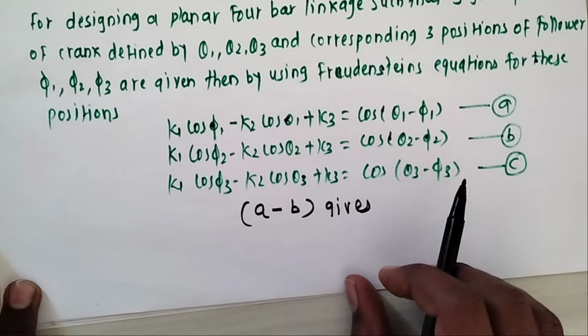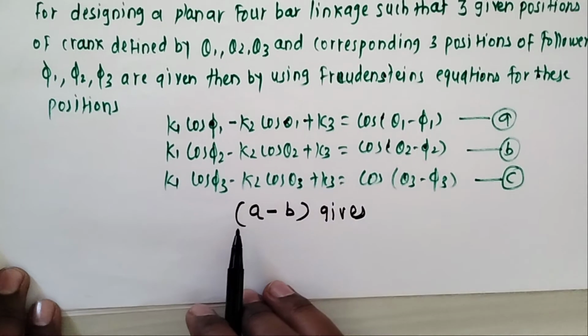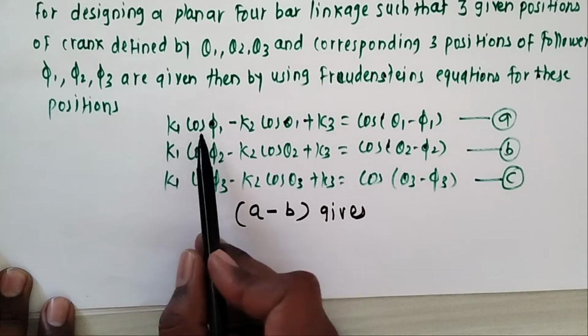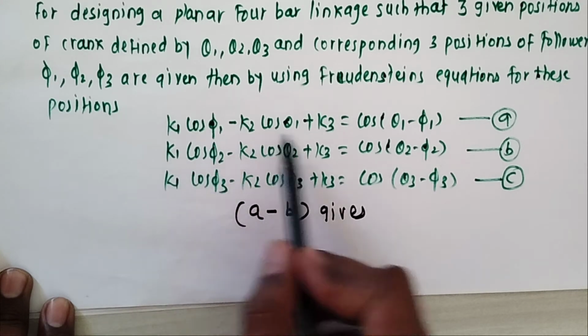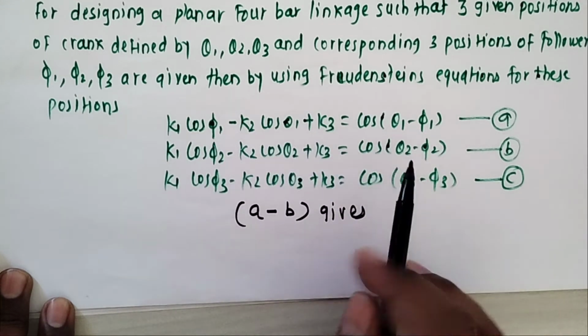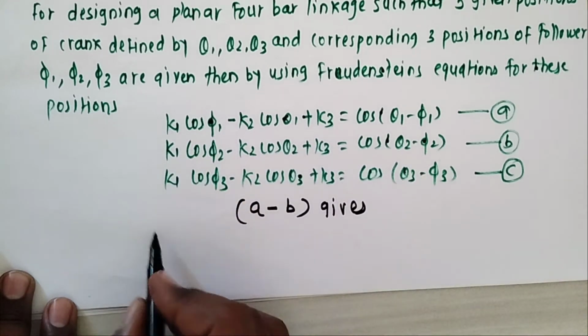So what it gives you, you can check now, equation A minus B. So K1 cos phi 1 minus K1 cos phi 2 and so on. What it gives me, if you see here, I can take K1 common.